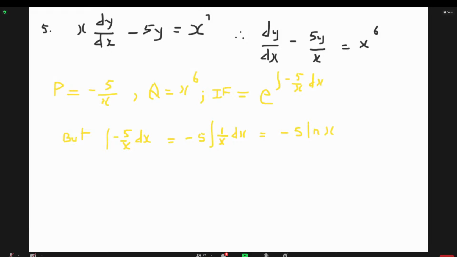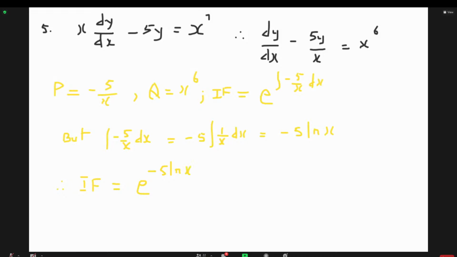Okay. So therefore, the integrating factor is equal to e to the minus 5 ln x.